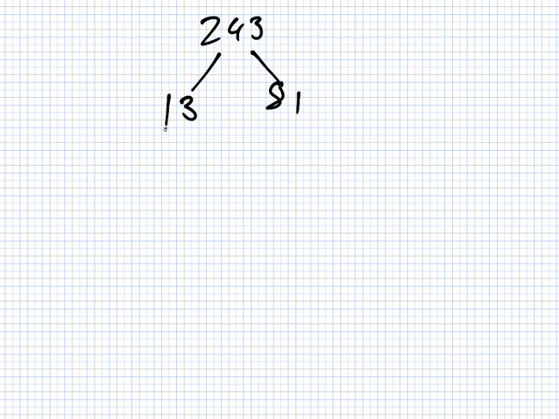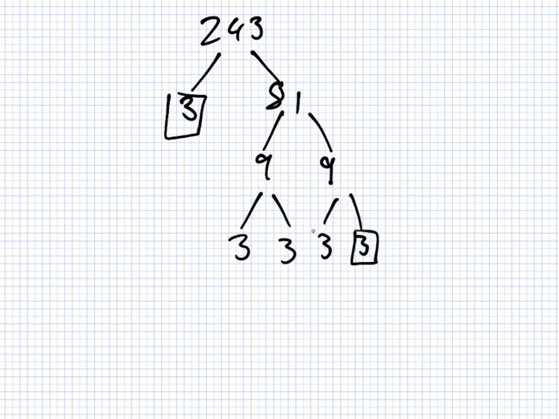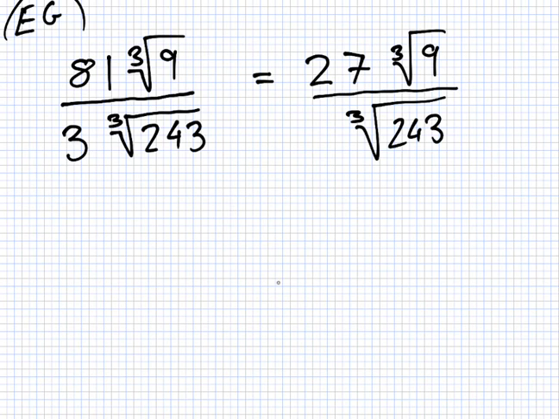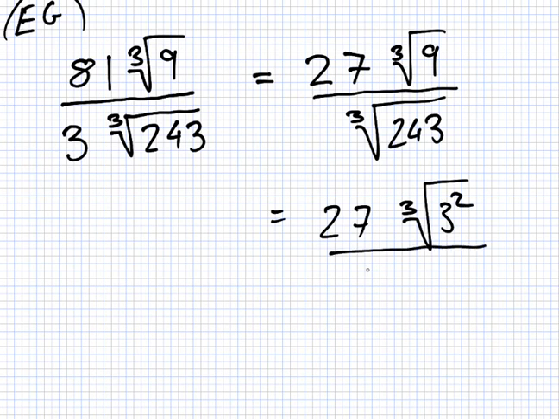And then that's done. 81 is 9 by 9, and 9 is 3 by 3. So yeah, you're right. It's going to be 3 power 5. So this is 27 cube root 3 squared all over cube root 3 power 5.